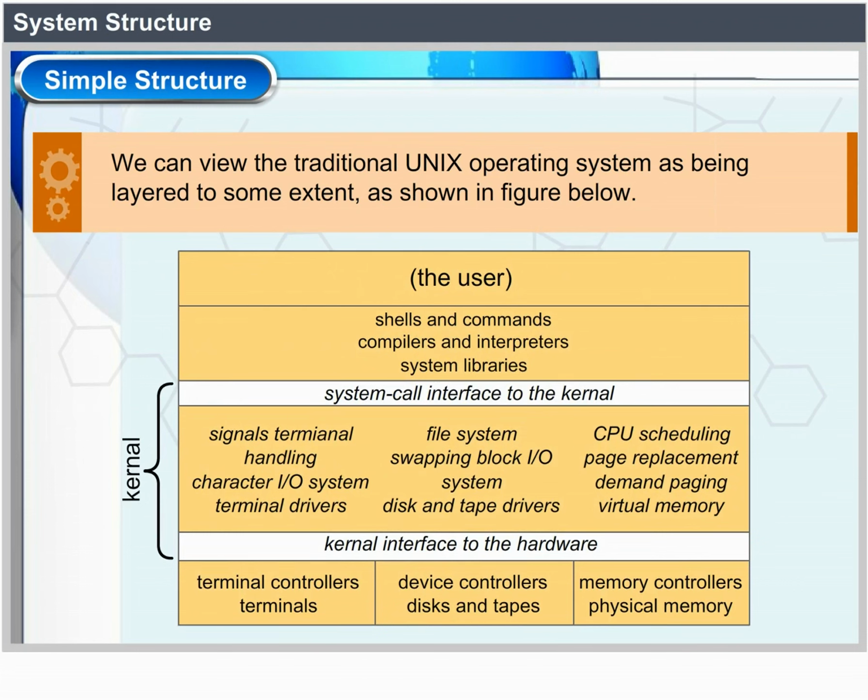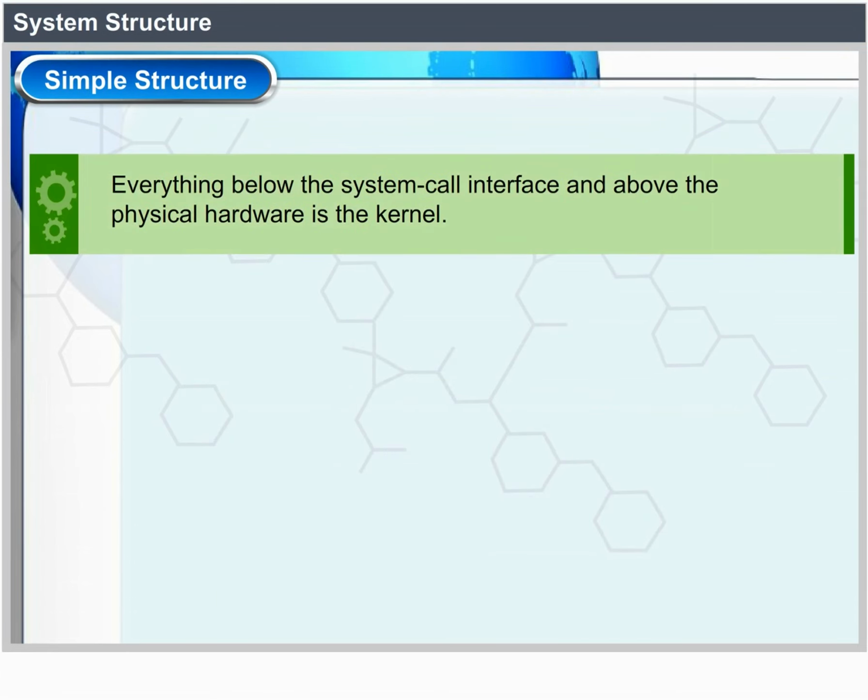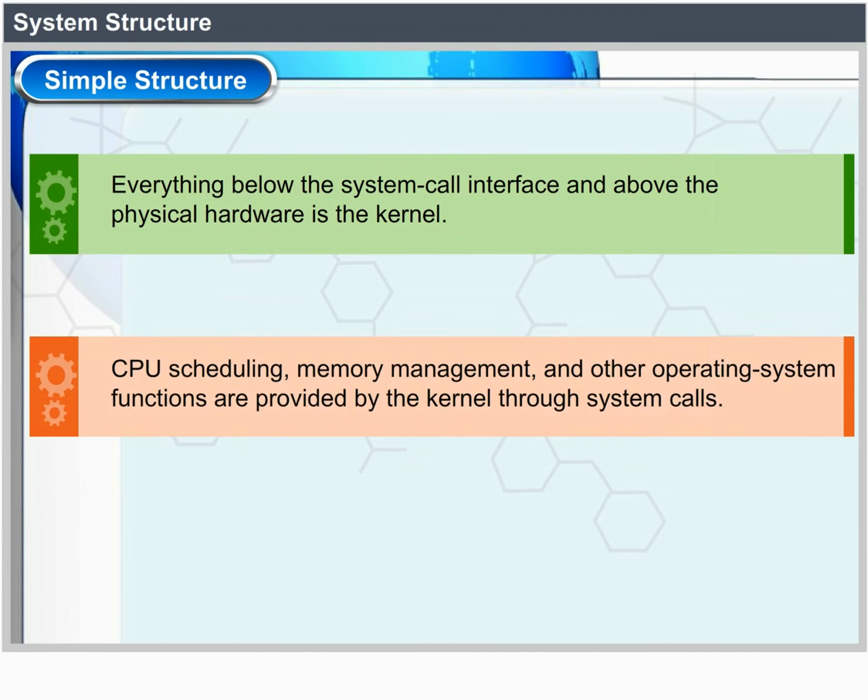Everything below the system call interface and above the physical hardware is the kernel. The kernel provides the file system, CPU scheduling, memory management, and other operating system functions through system calls. Taken in sum, that is an enormous amount of functionality to be combined into one level.